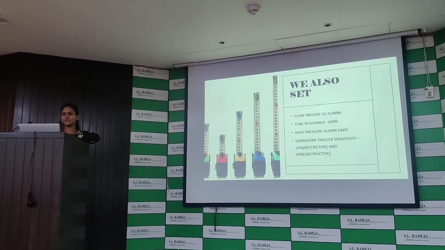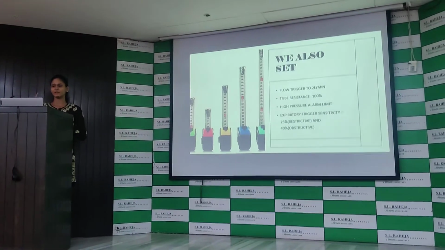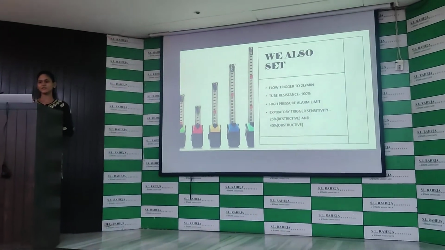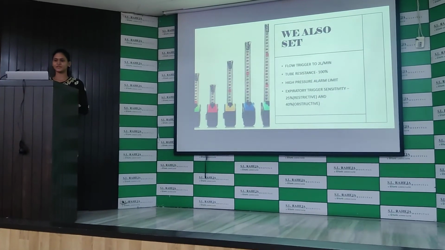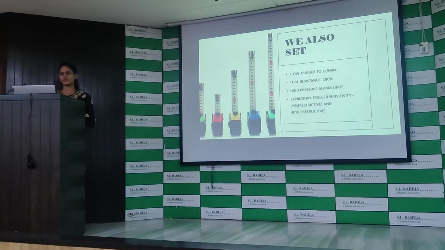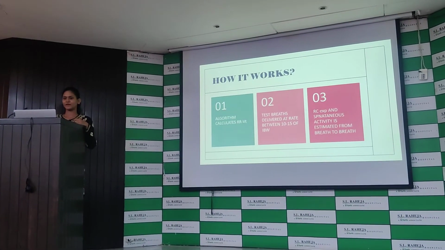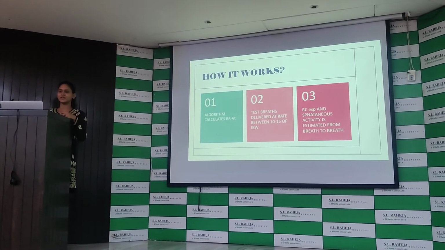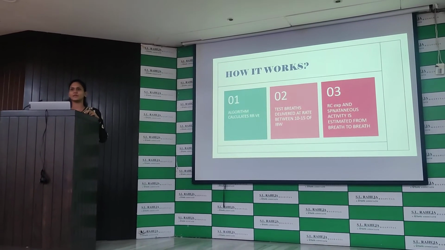We also set the flow trigger to 2 liters per minute, tube resistance compensation to 100%. We set the high pressure limit and the expiratory trigger sensitivity, 25% in a restrictive disease and 40% in obstructive disease.